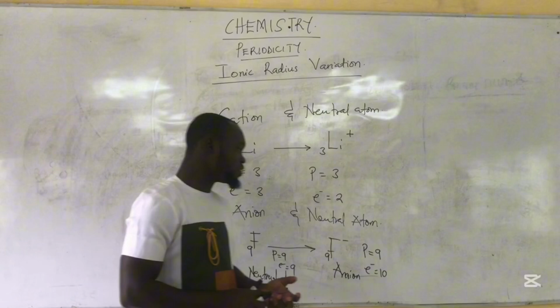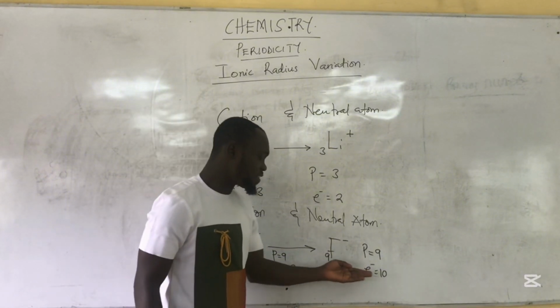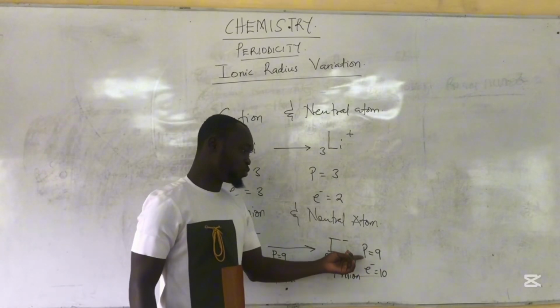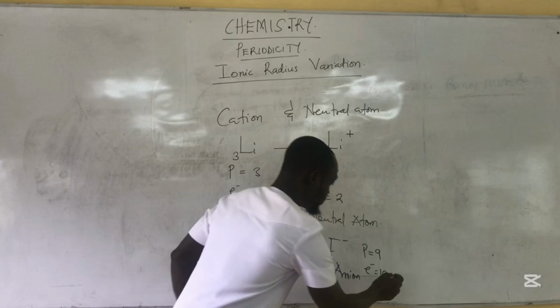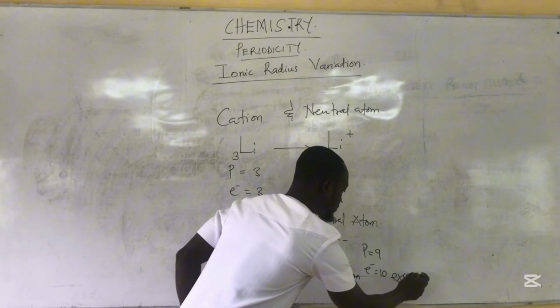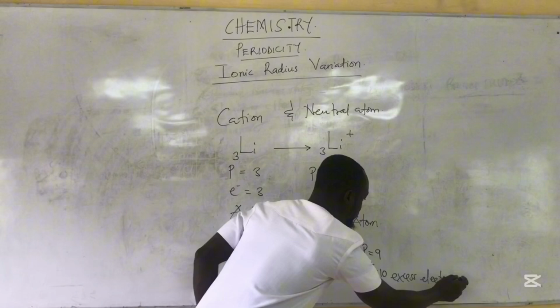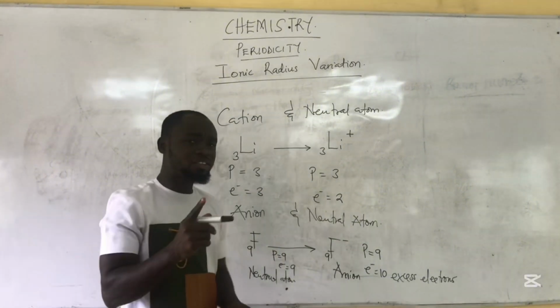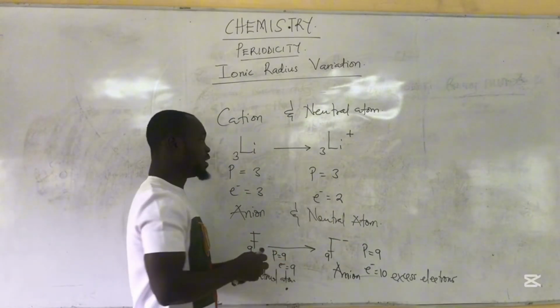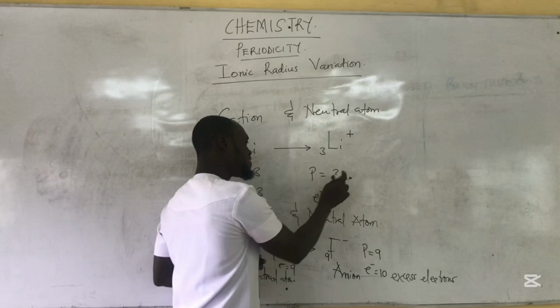So for anions, they have excess electrons against protons. But once we are considering the cation, they have excess protons.